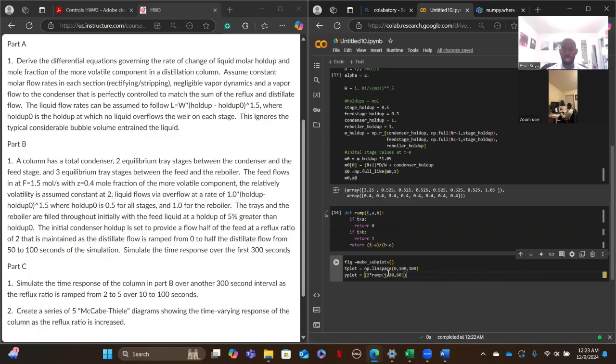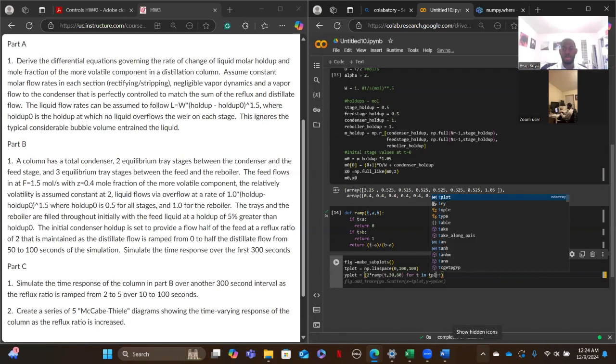And then that'd be T plot. Yeah. And then no, it'd be T. Yeah, I forgot to put the for loop. For T in T plot.